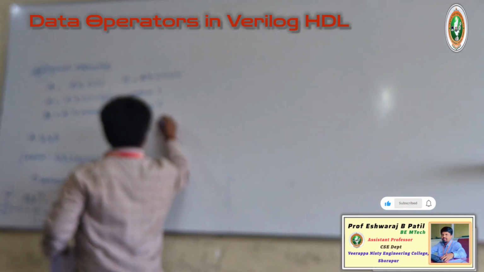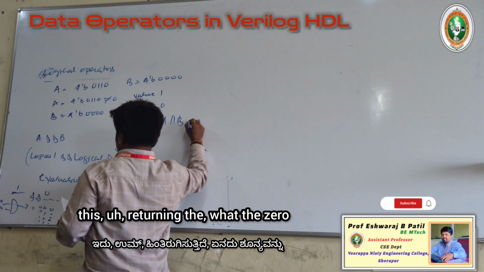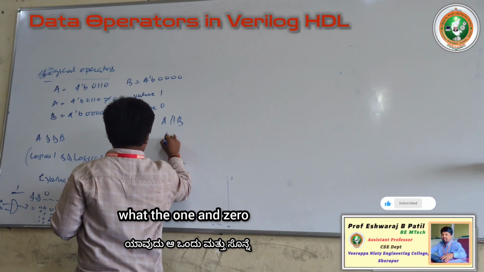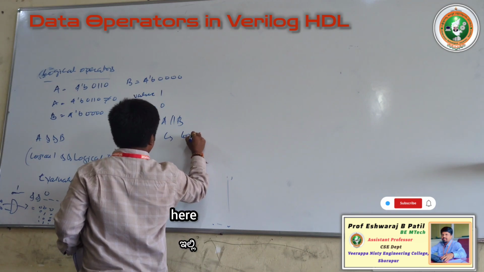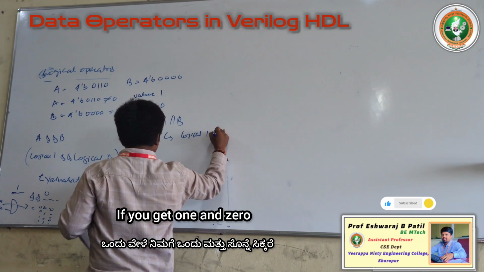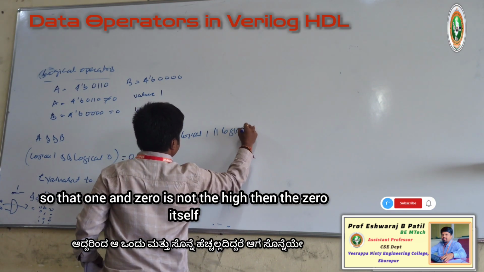Okay, now consider A OR B. We can write this as logical 1, logical OR, logical 0.